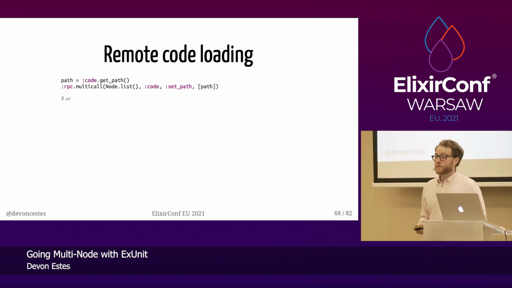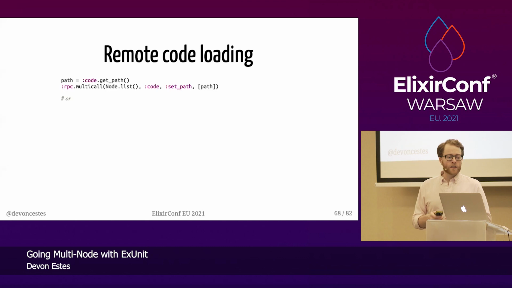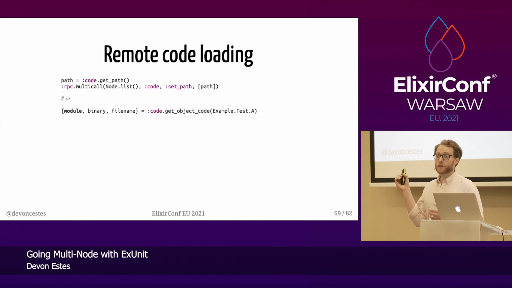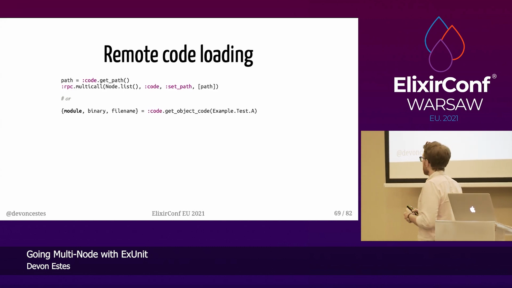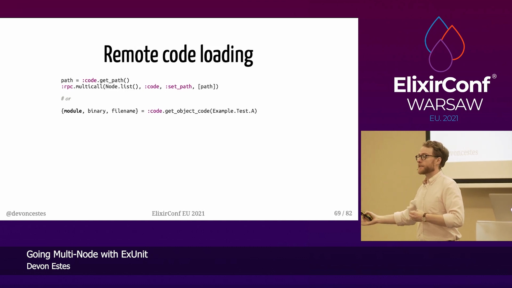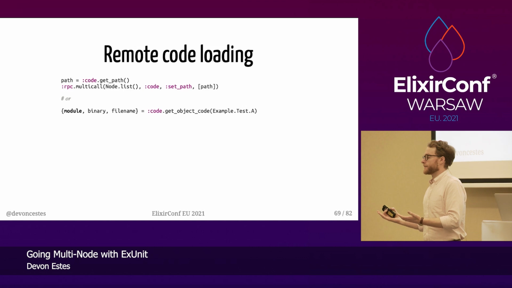Now, there's another way to do remote code loading. It's kind of similar, but you can do it sort of module by module. So you can use another function in the code module on the Beam in Erlang to say get object code, which is basically saying give me what would be in the Beam file for this module. And you give it a module, and then it will return you the module, again, the binary.